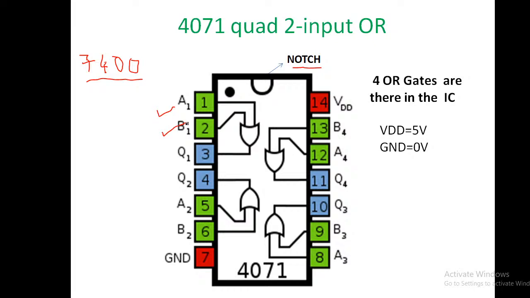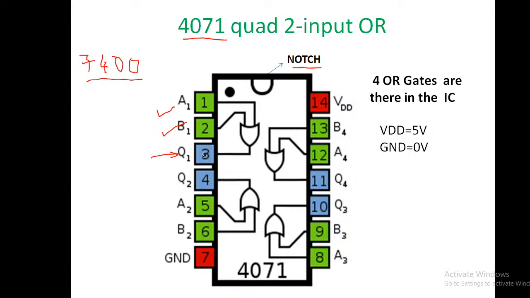Fine. And 3 was the output. Here also 3 is the output. There is no problem for this gate. Whether it is a 4071 or the 74 series OR gate, 1 and 2 will be the inputs and 3 will be the output.